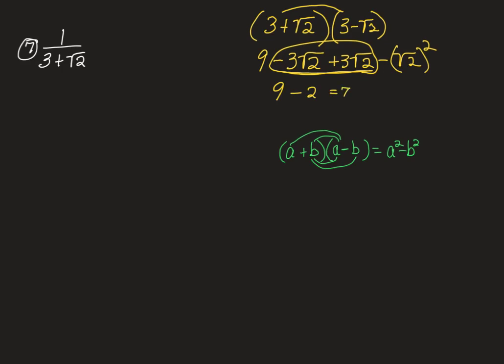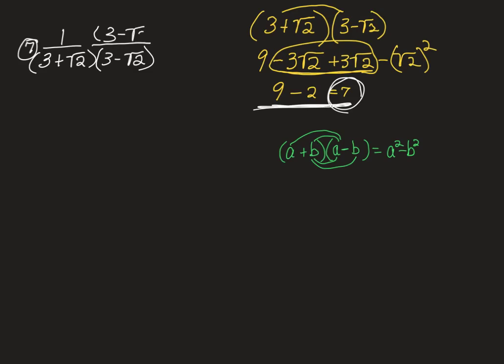So if we apply that technique over to our original problem, where that 3 plus the square root of 2 is in the denominator, we can rationalize the denominator. Look, no radicals in that 7. So let's multiply by 3 minus the square root of 2, but this is a fraction. We have to multiply by 1.